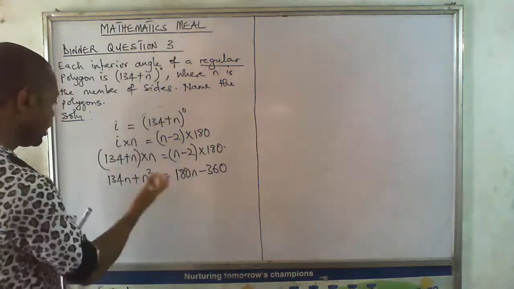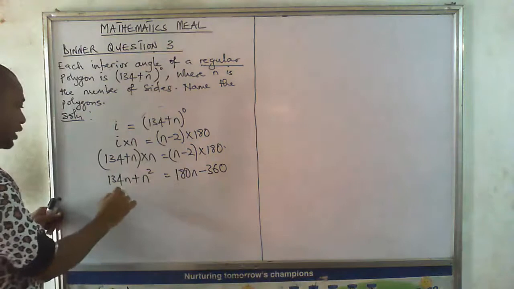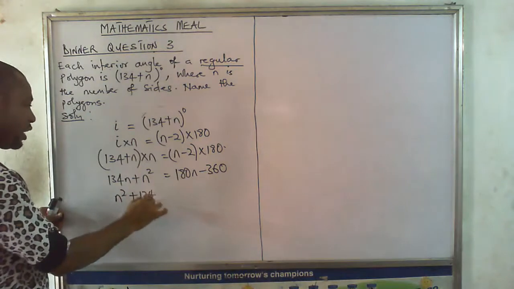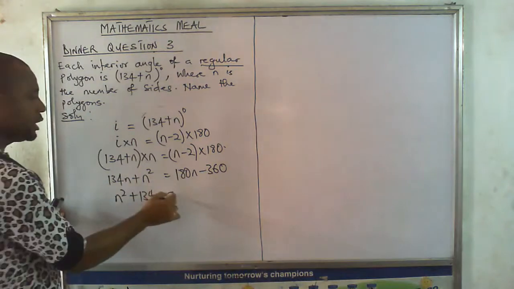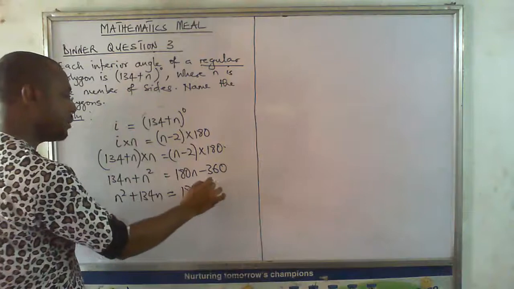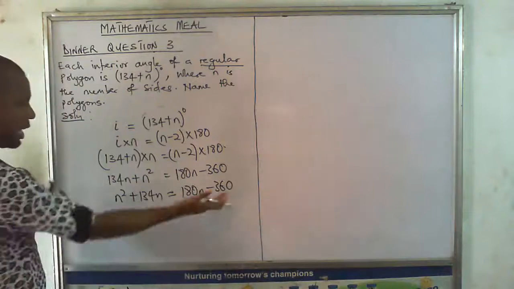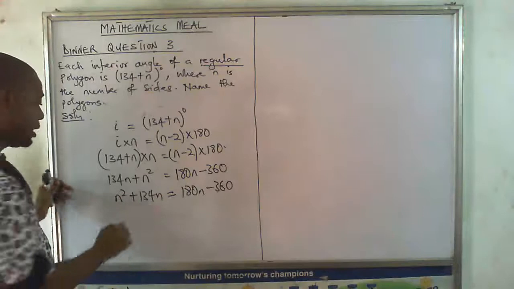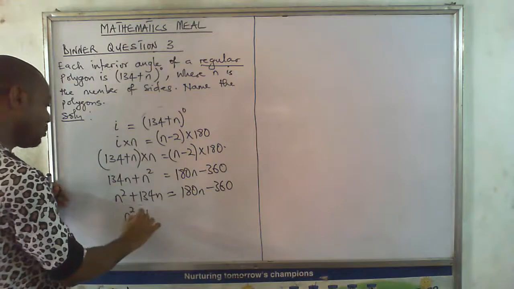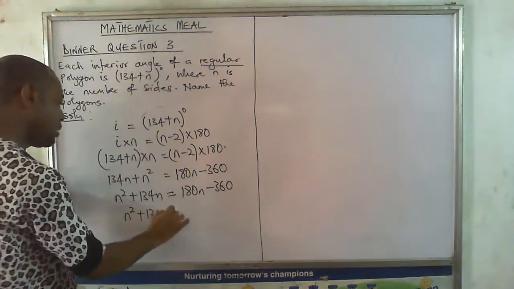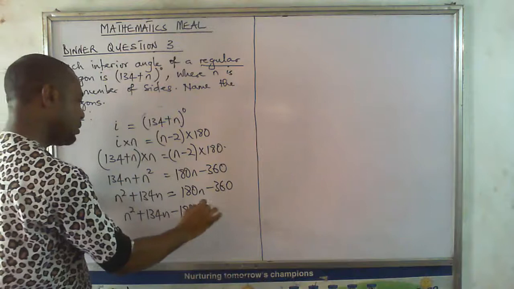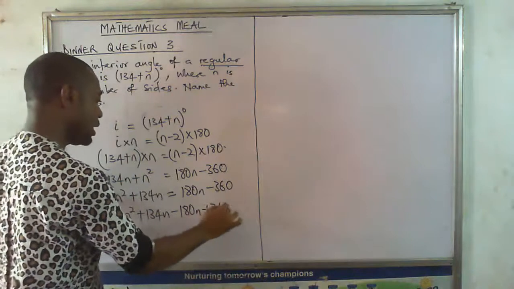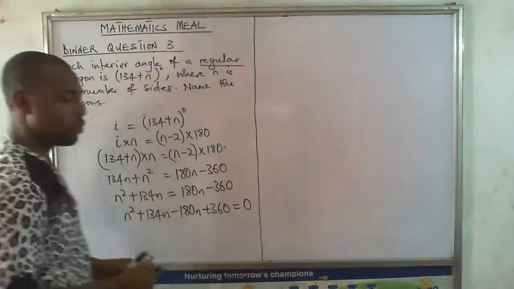So we can rearrange this to have n squared plus 134n minus 180n plus 360 equals 0.